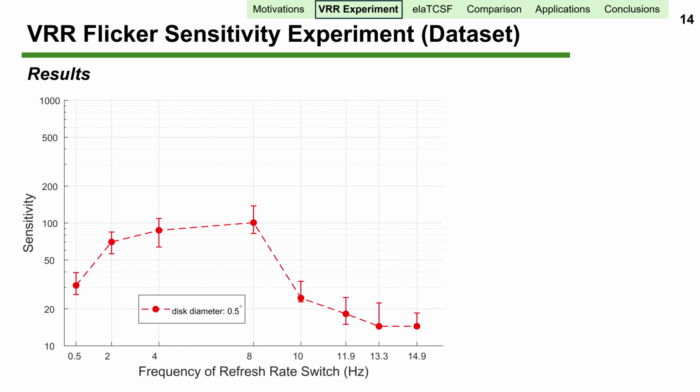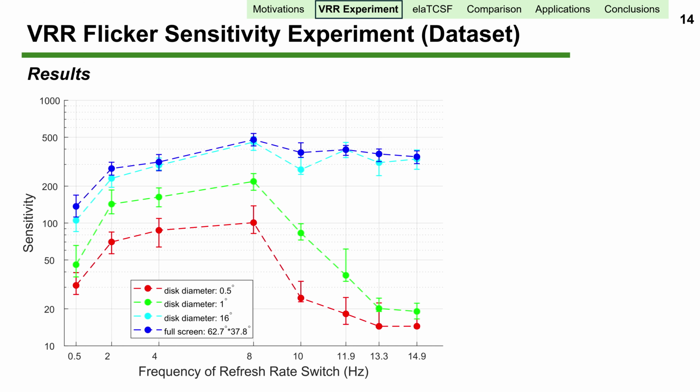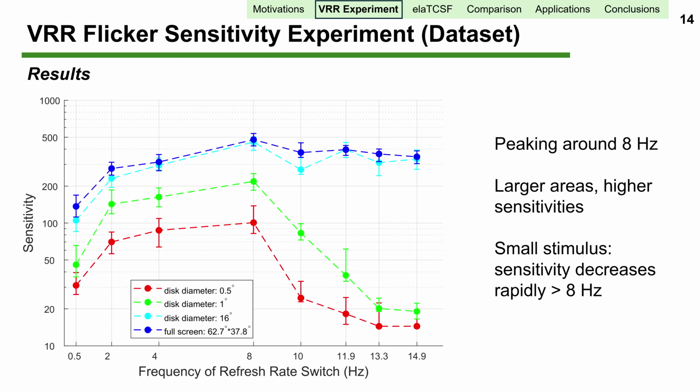The figure here shows our experimental results, with the x-axis being the frequency of refresh rate switch and the y-axis being sensitivity. The data include 4 stimulus sizes: discs with diameters of 0.5 degree, 1 degree, 16 degrees, and the full screen. 3 key observations can be made.